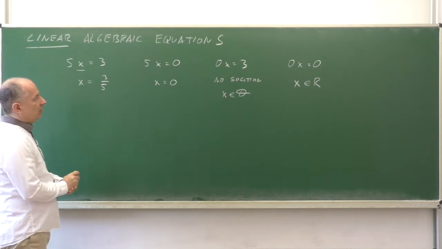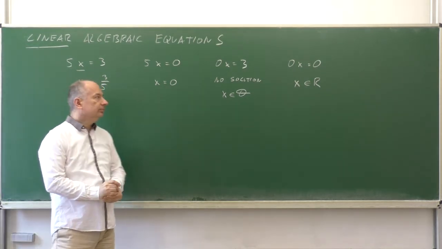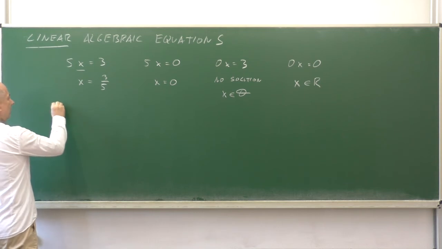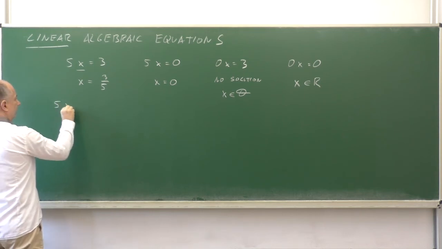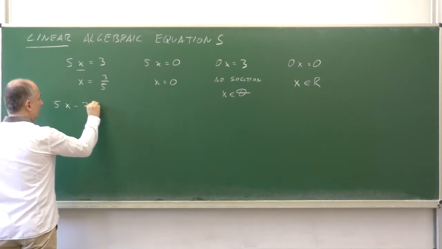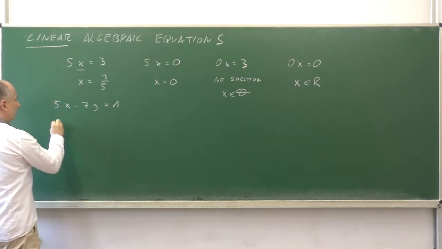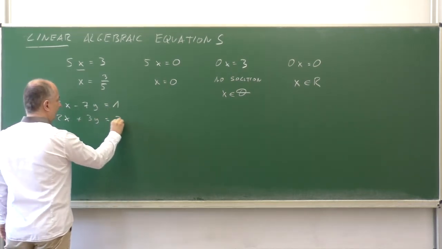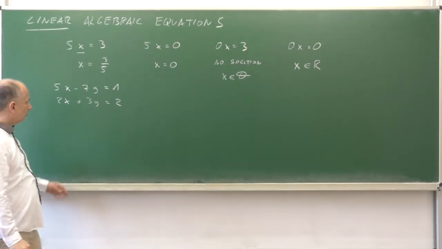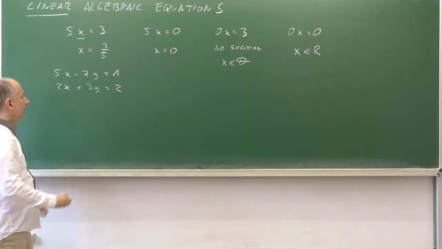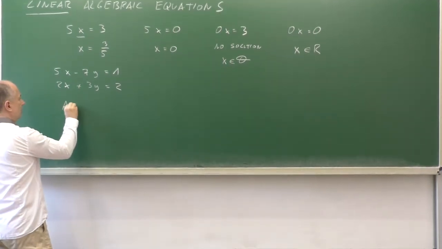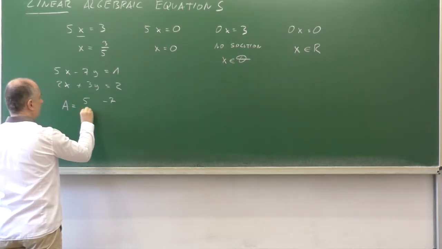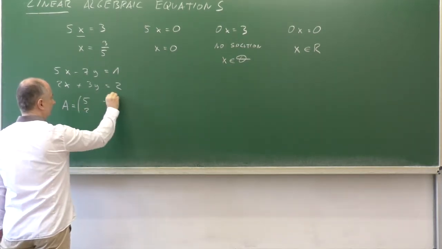Okay, so that was one equation for one unknown. Let's consider a larger system. We can have an equation like 5x minus 7y is 1, and 2x plus 3y is 2. Then it is convenient to introduce the matrix of the coefficients A: 5, minus 7, 2, 3.